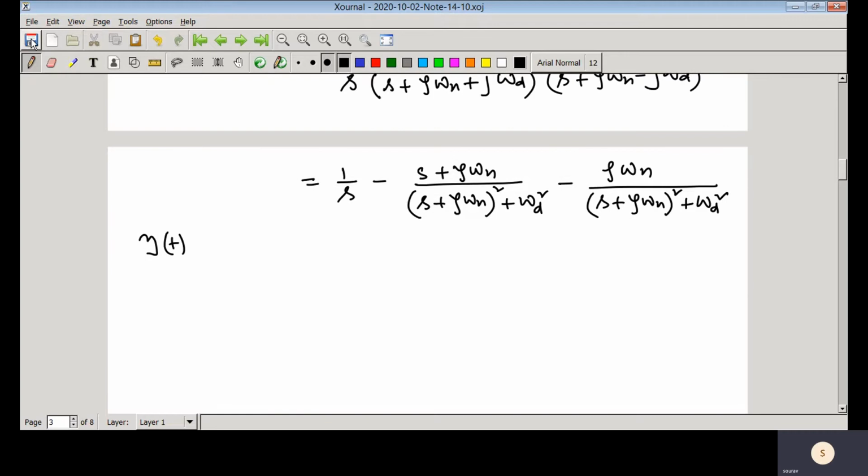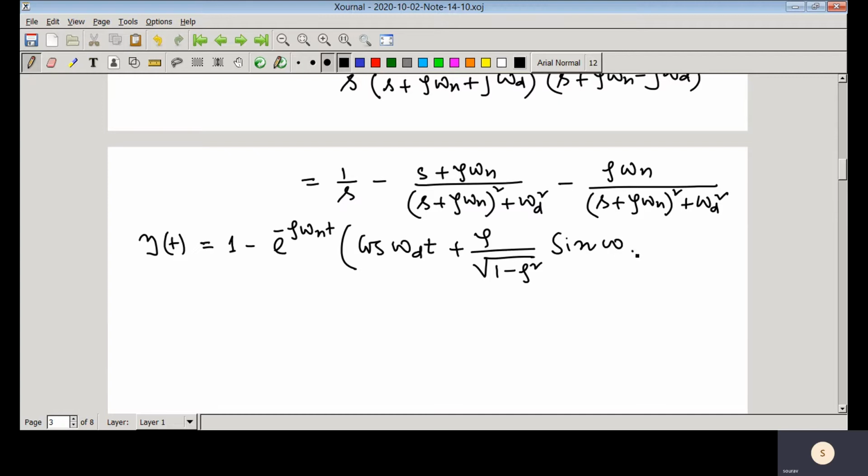That would be 1 minus e to the power minus zeta omega n t, cos omega d t plus zeta... I would suggest you remember this particular expression, otherwise you need to derive it all the time.